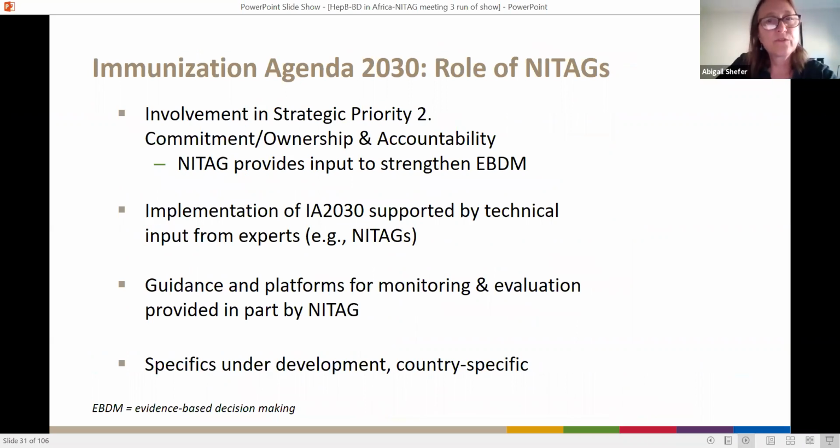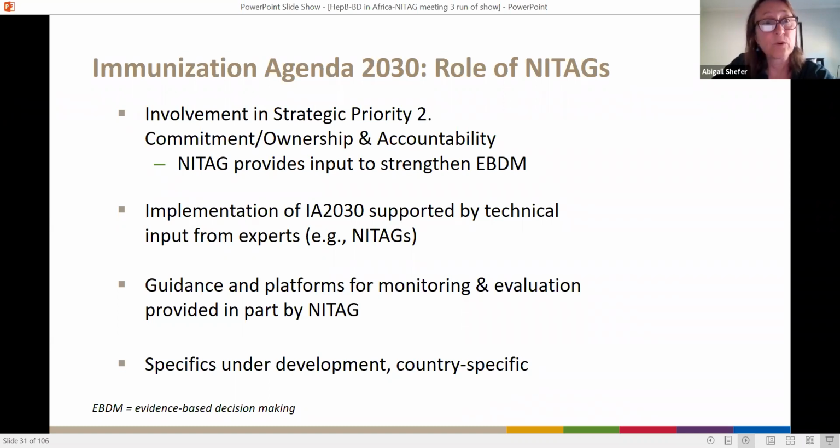Oh, so as far as Immunization Agenda, or IA 2030, NITAGs play a pretty prominent role in that. So NITAGs are involved in strategic priority 2, which includes commitment and ownership and accountability. And one of the key areas of focus under commitment and demand is to strengthen evidence-based decision-making with input from technical groups such as NITAGs.